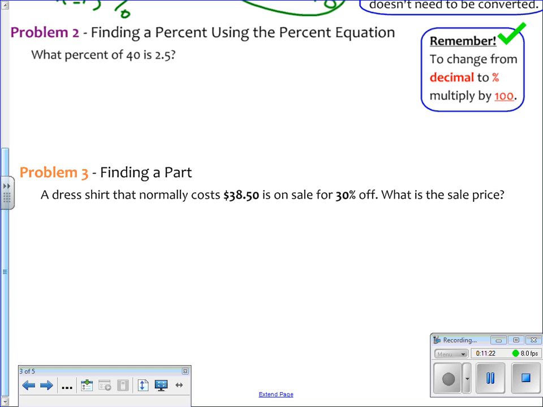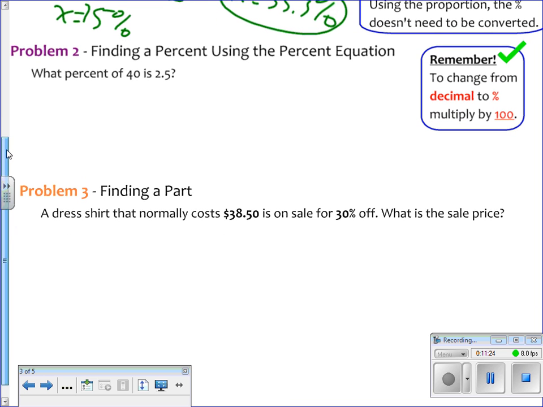Now, for me, this is not how I learned how to do it. And this is what I like to do. For me, it's easier. It works every time. What percent of 40 is 2.5? Now, there's two things going on here. I can take that sentence very quickly and rewrite it as an algebraic equation. Whenever I see what, that's my x.